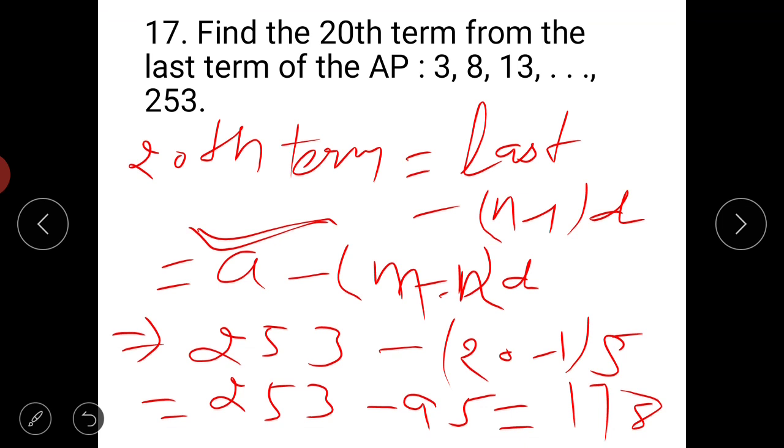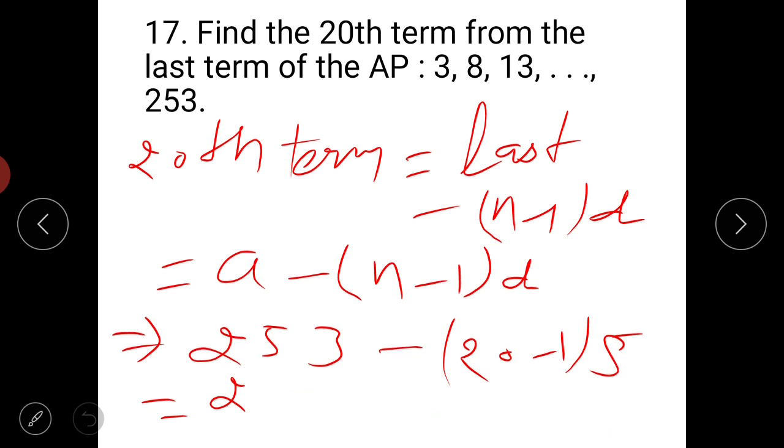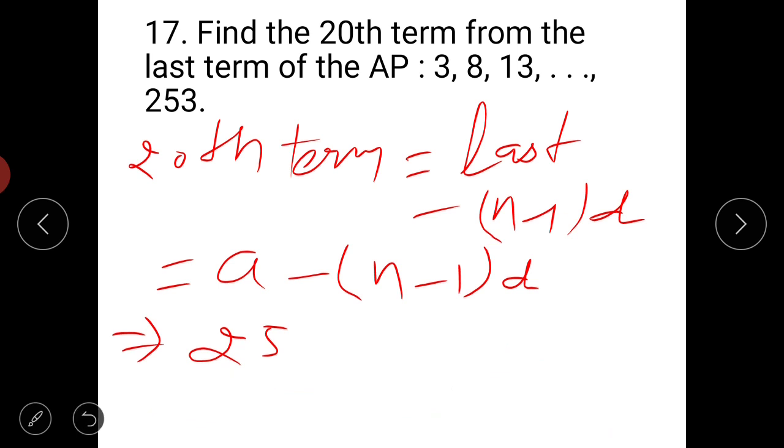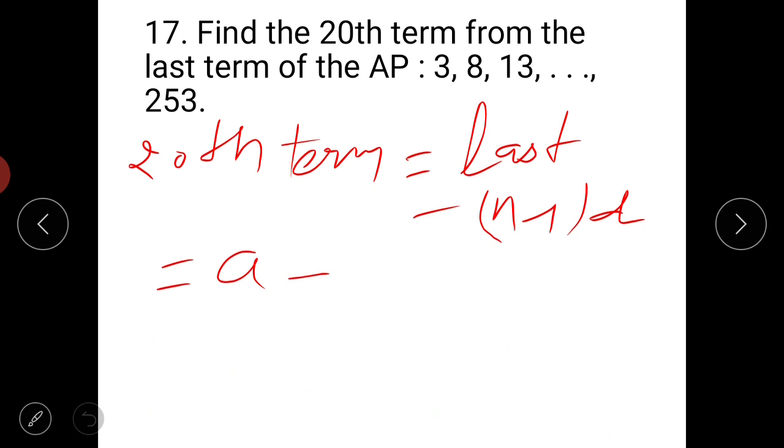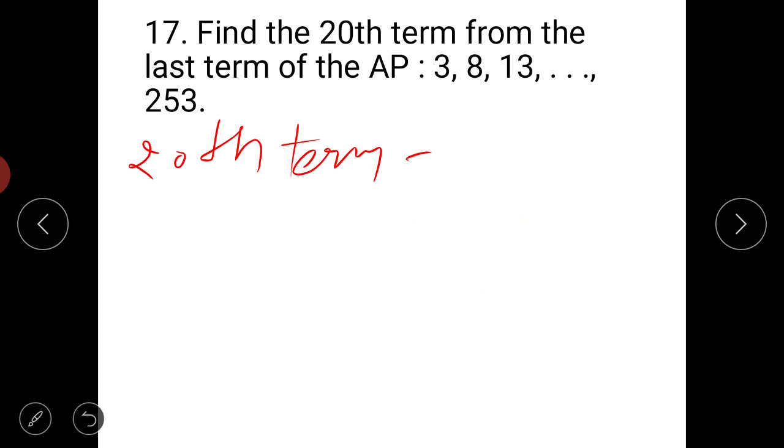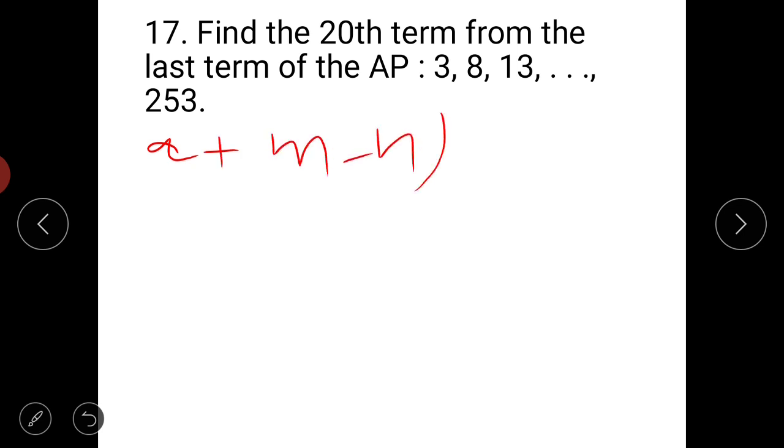Then you can solve this. So try this. Hence the formula is a plus m minus n into d, where m is the number of terms.